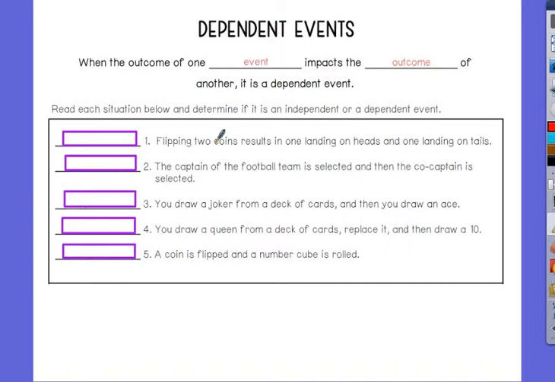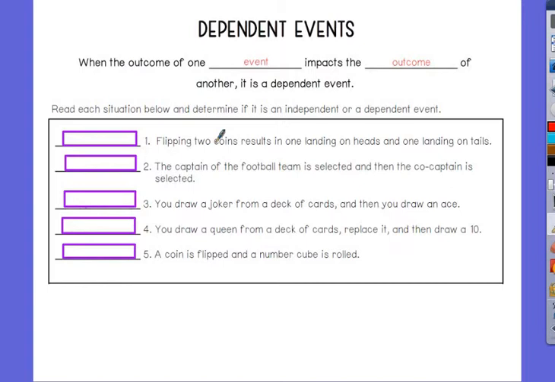No. So how many names is going to be in the bucket for my next probability? 29. Okay? So I'm changing the event because I'm changing the number of names in the bucket. So it's no longer independent. Can you change independent people's minds? No. That's why they're independent.